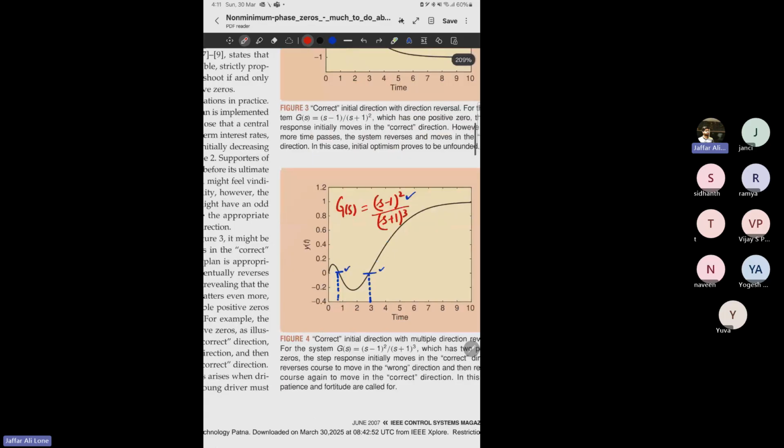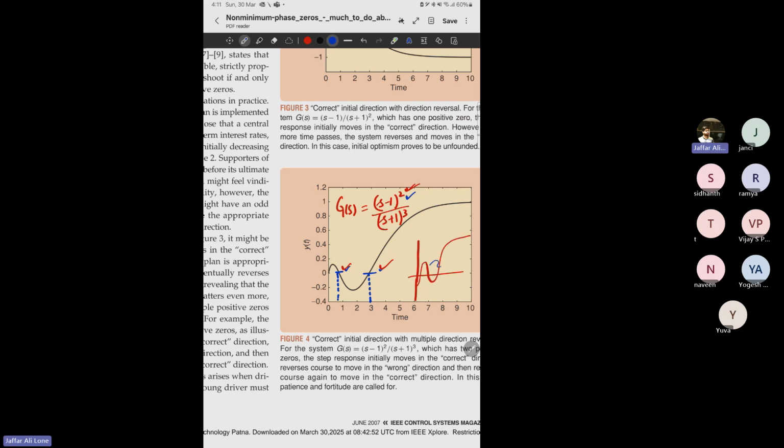The number of these zero crossings is given by the number of poles in the right half. So here I have two poles in the right half, so I have two zero crossings. If I had three poles in the right half, I would have three zero crossings. So in that case, the system will be something like this. If this is zero, it will be something like this, right?